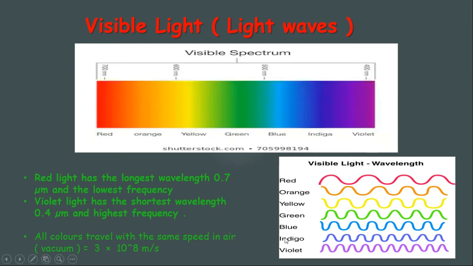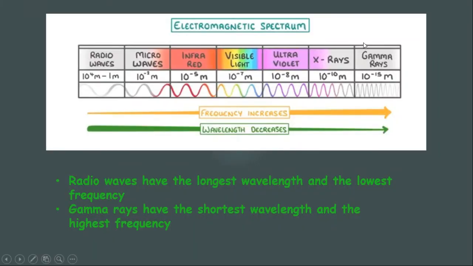How are they arranged? From the longest wavelength, which is the red color, to the shortest wavelength, which is the violet color. So the red light has the longest wavelength, the violet light has the shortest wavelength. Okay, to make it easier for you, let's go back to this spectrum.